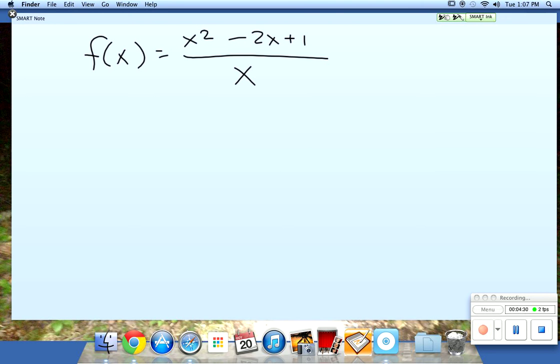Okay? Here's what you have to do. You have to divide x into this.